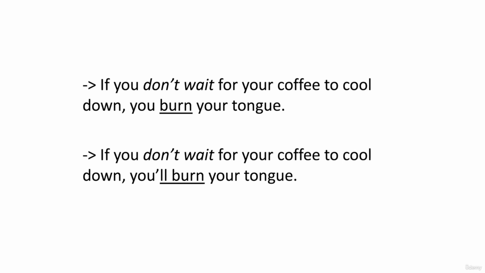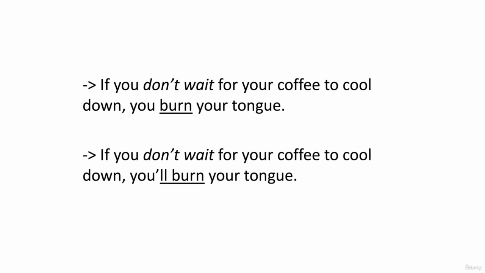Both sentences have very similar meanings. The first example is the zero conditional and expresses a general truth. The speaker is referring to any time a person drinks coffee too quickly and is not indicating a person in particular.